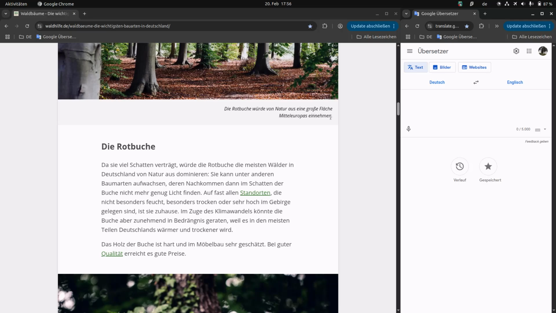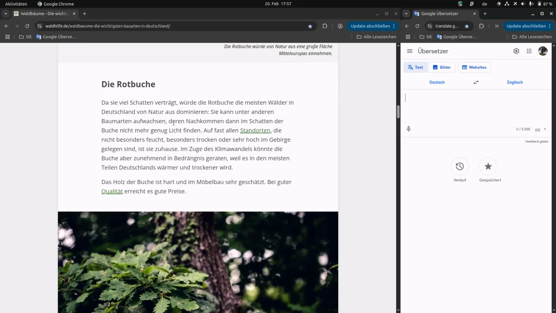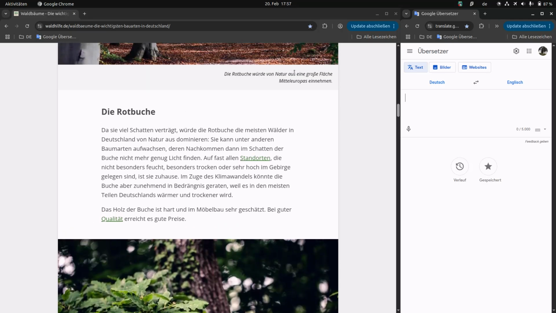So take in. Einnehmen in this case means to take a lot of space. So to claim basically something. But it can also mean like to take in medication or something. And so: Die Rotbuche würde von Natur aus eine große Fläche Mitteleuropas einnehmen.